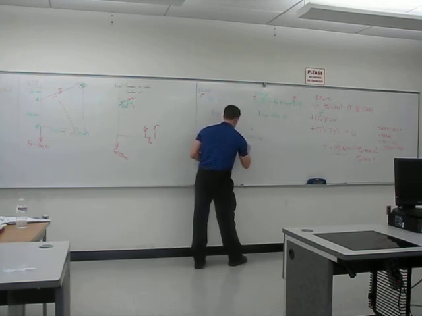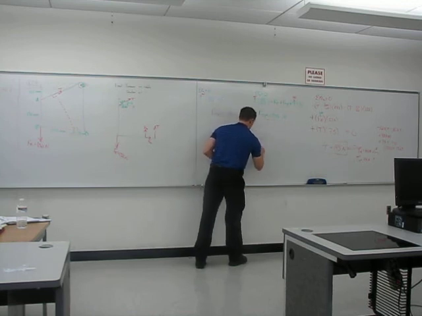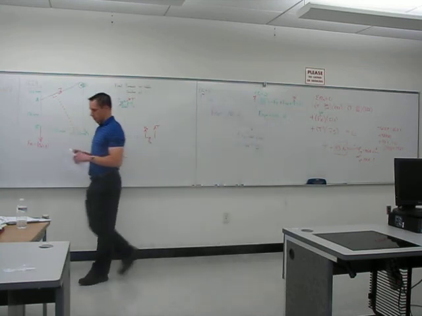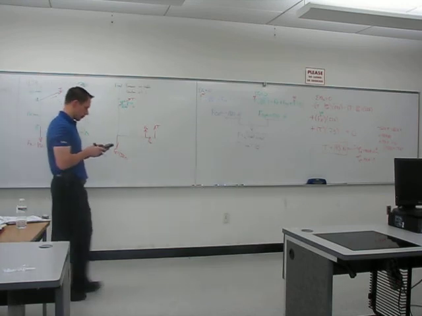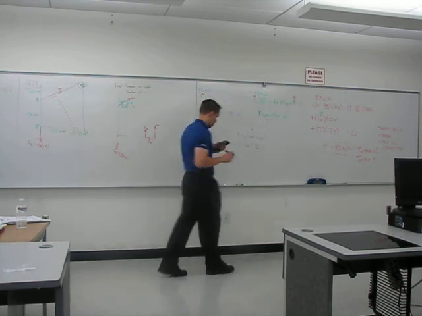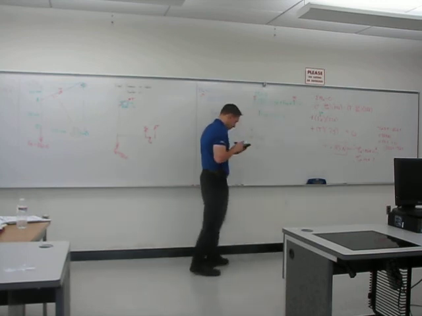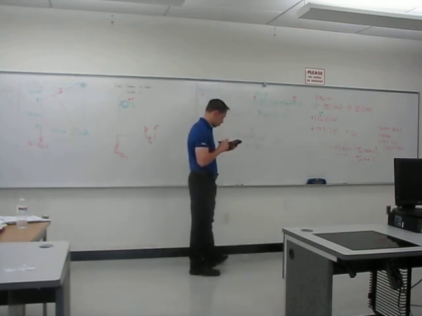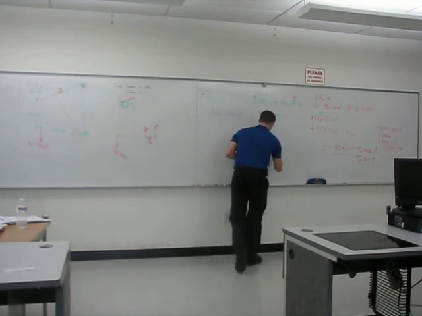And find your angle, inverse tangent of negative 120 over negative 180, and express this in magnitude and direction form. So let's see, what do we get? What's the magnitude? 216.33. Okay, so we'll call it 216.3. And if we take the inverse tangent, 33.69. So we'll call it 33.7 degrees.